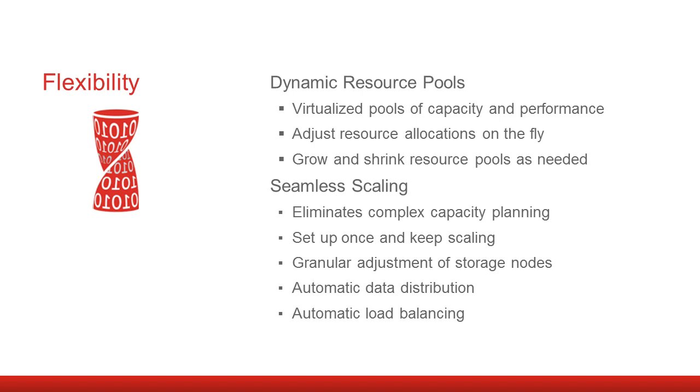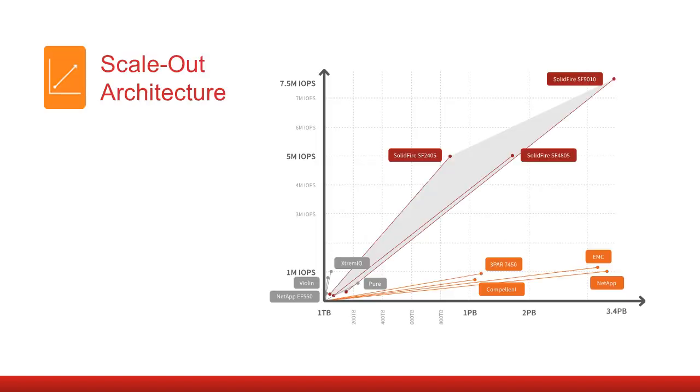And so what does that look like in a SolidFire context? Well, it's a little bit of an eye chart, but down in the bottom corner in the gray, we have some of the all-flash arrays that are in this space. What you'll notice is they provide a large amount of performance, which is measured on the left-hand side, but not a lot of capacity, which is along the bottom.